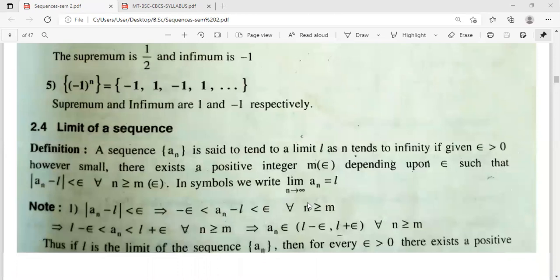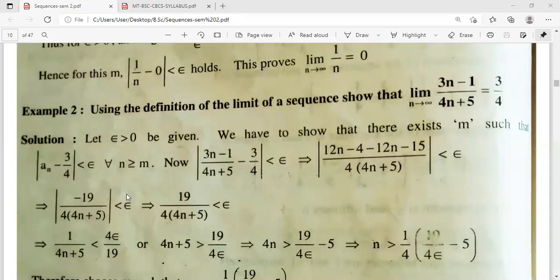Okay, now by applying that, modulus of a_n minus 3 by 4 is less than epsilon for every n greater than or equal to m. Now the same thing you can write by replacing a_n and simplifying the expression under the modulus sign.